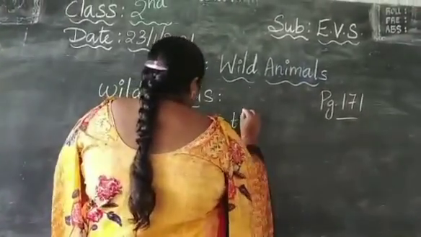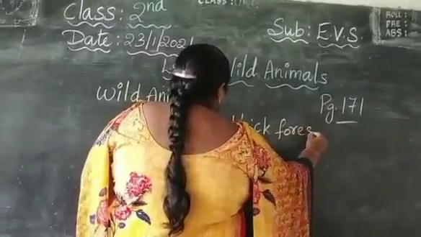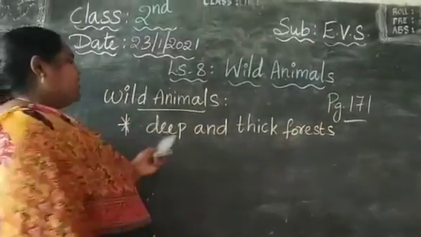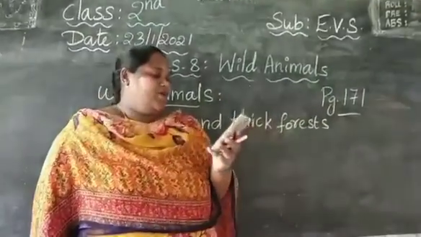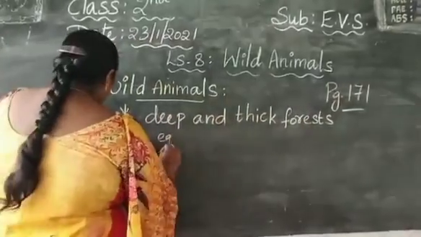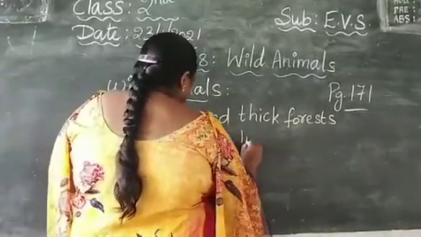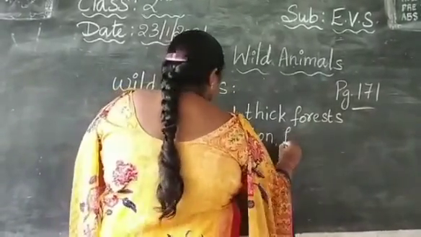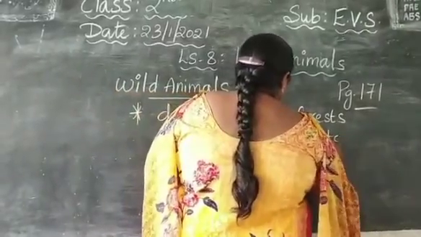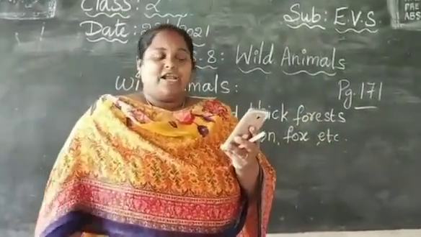Example, deer, lion, fox, etc. So there are different types.